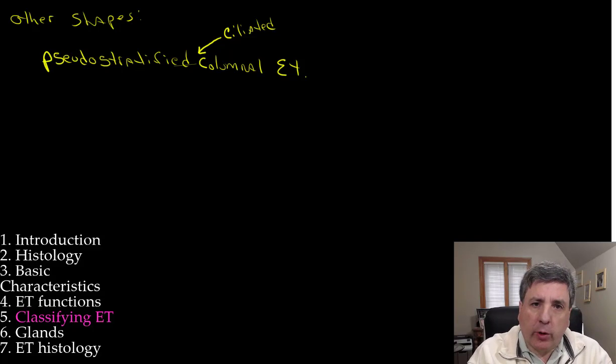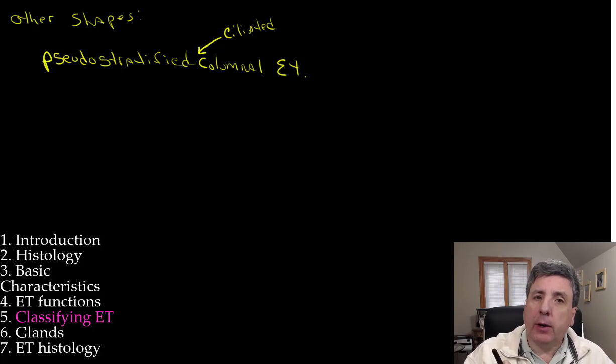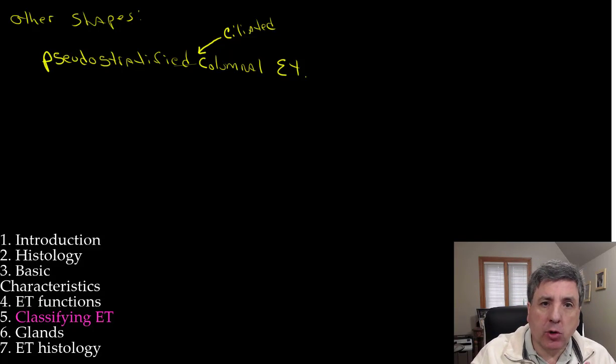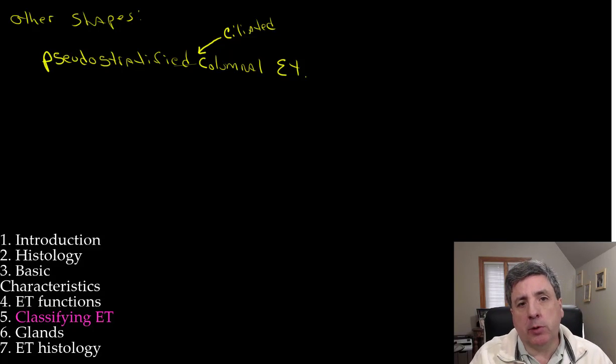Well, we know what columnar is. Those are where they're taller than they are wide, and each one of these columnar cells is attached to the basement membrane. Not all of the columnar cells reach the apical surface. So some do, some do not.